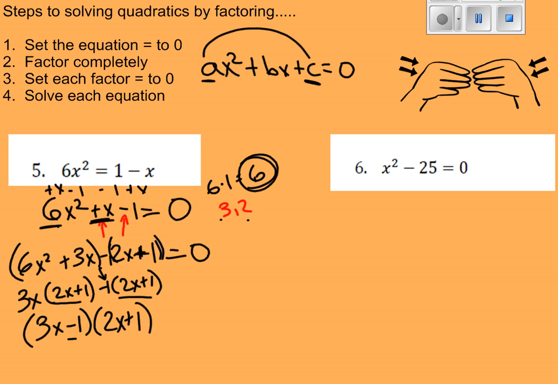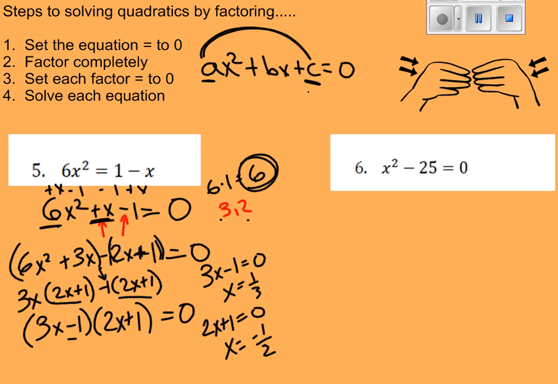It came from right here. It's like I have a 1 out front of it, so I pull it apart. So that's going to be 3x minus 1 times 2x plus 1 equals 0. So that means 3x minus 1 equals 0 or 2x plus 1 equals 0. So that's going to be x equals 1/3 or x equals negative 1/2.